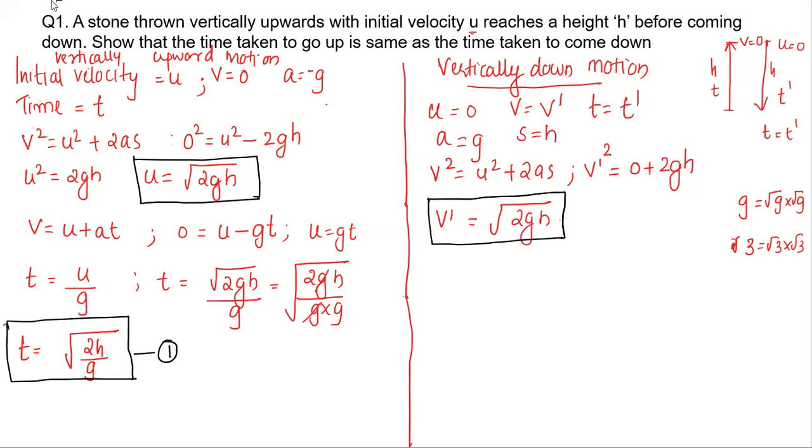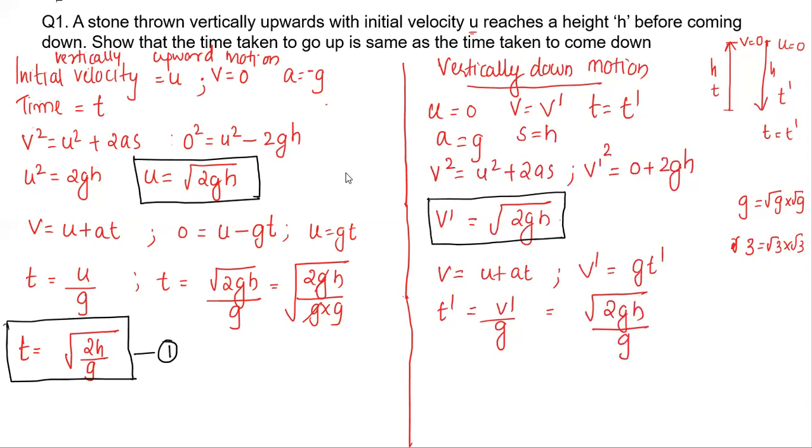Now next we have to take Newton's first equation of motion, that is v is equal to u plus at. What is v? v dash. u is 0, so that term will not come. a is g and t is equal to t dash. From this, what is t dash? t dash is equal to v dash upon g. What is v dash? Under root 2gh. Substitute under root 2gh upon g.